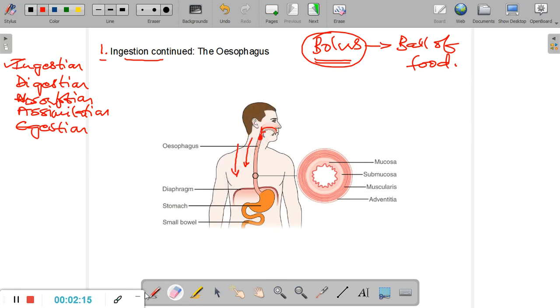I ask you not to do it, but just in case you're curious, you can try eating something, chew it and swallow it. The food will still move into your tummy against the force of gravity. How does this happen? This happens because of the unique structure of the esophagus and the entire digestive system.